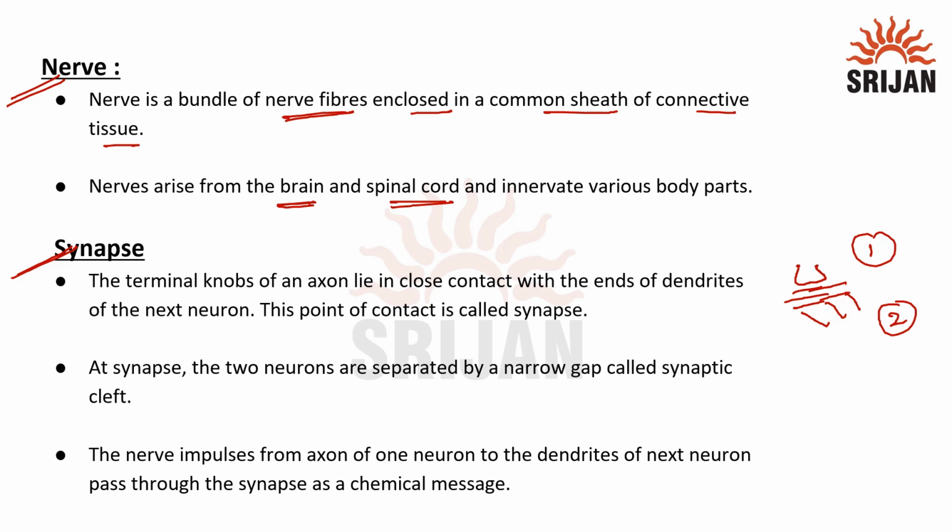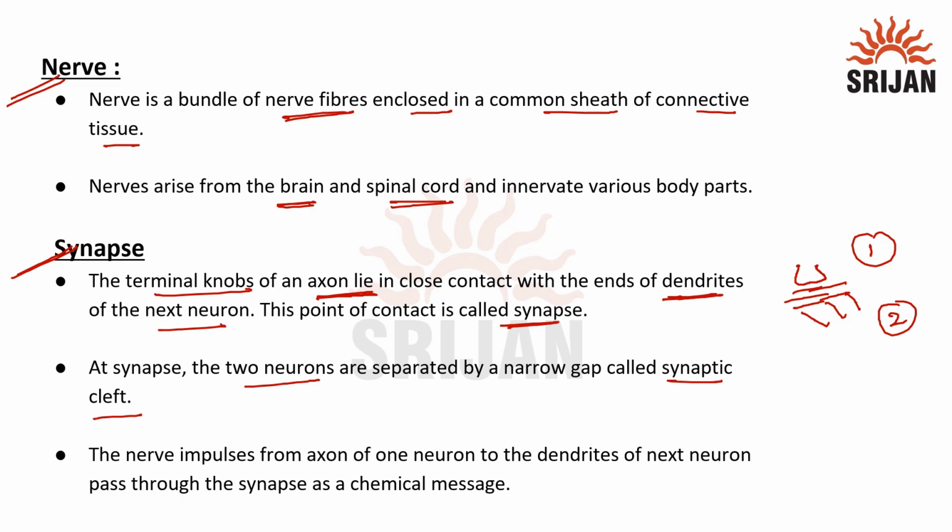The terminal knob of the axon lies in close contact with the end of the dendrite of the next neuron, and this point is called the synapse. The gap between these two neurons is called the synaptic cleft.